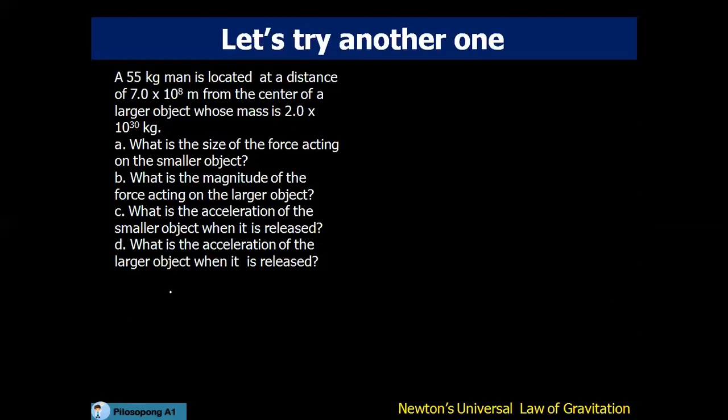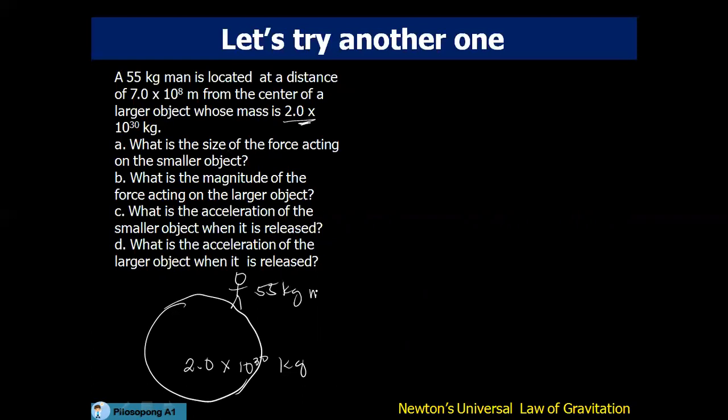So let's draw our situation. I will just assume that this mass is a planet. So you have a 2.0 times 10 raised to 30 kilogram mass, which refers to a planet. Then we have a man standing on the surface of that planet, which is 55 kilograms.